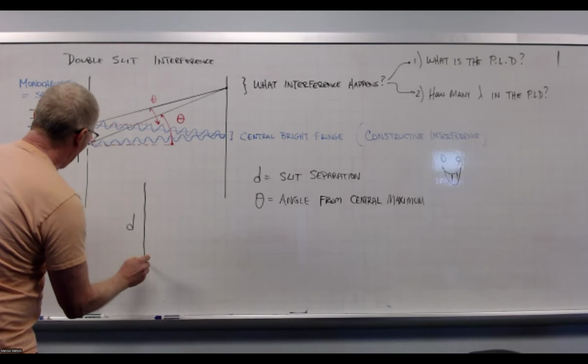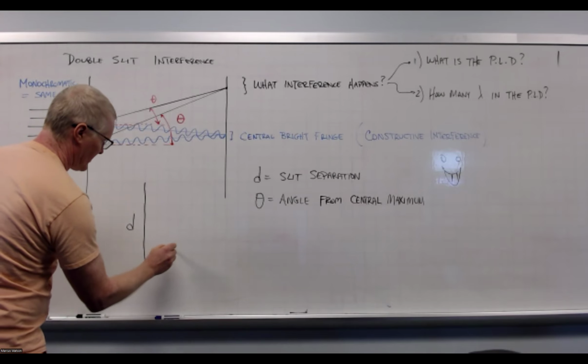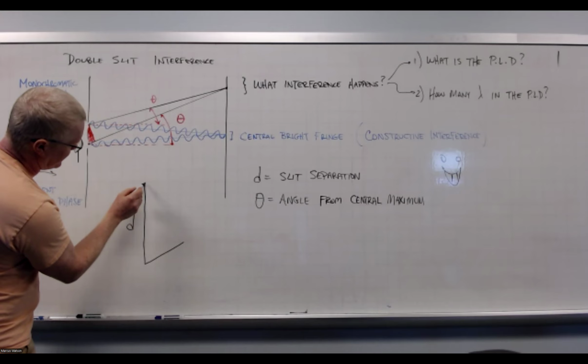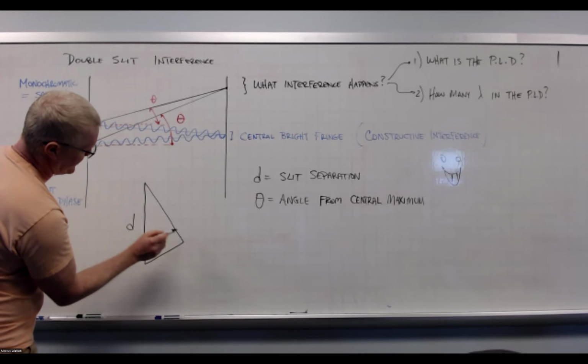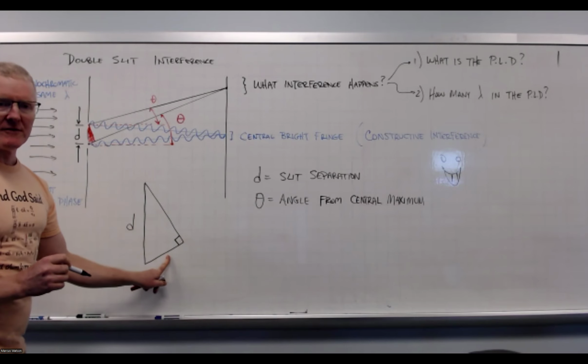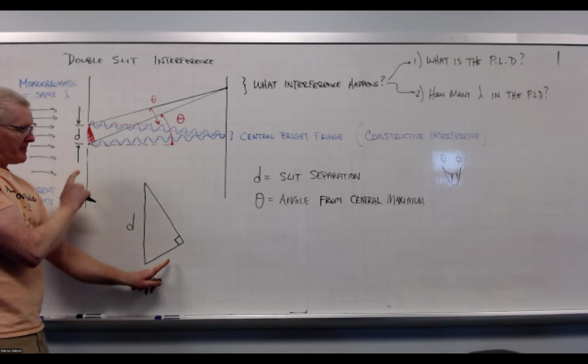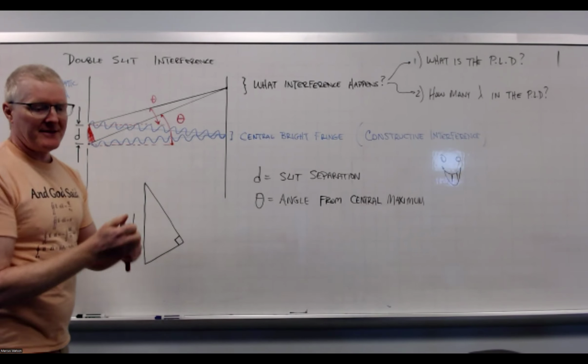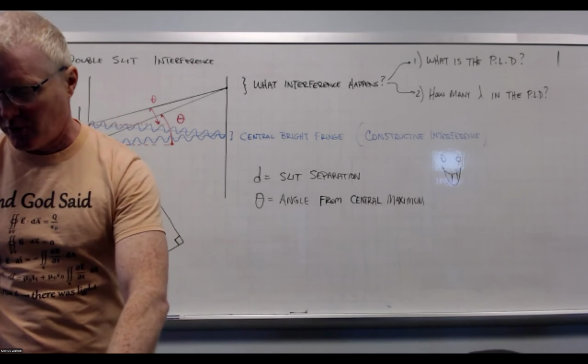So I'm going to have a piece here like that, and then I want the 90-degree angle to be right there. So this here is the 90-degree angle. Now this is the chunk of the bottom ray, the bottom wave, that's right here. Now, in order to find the difference in the two paths, what have I done?